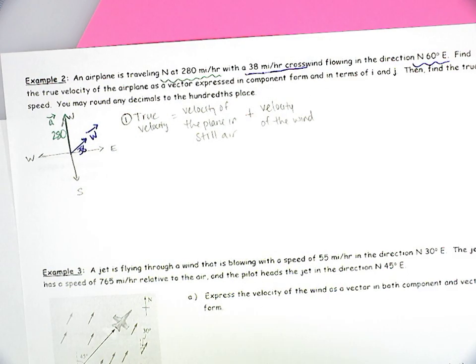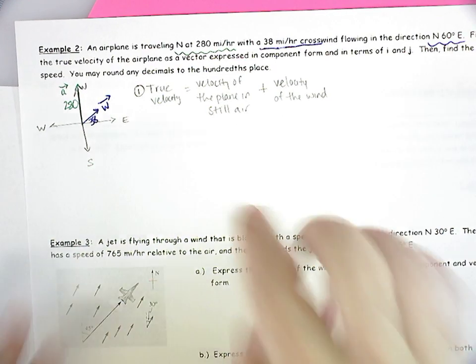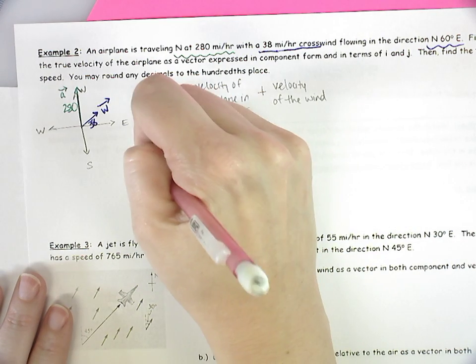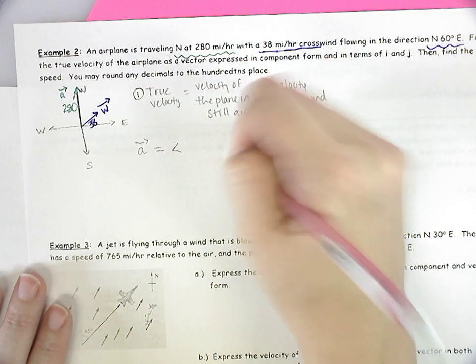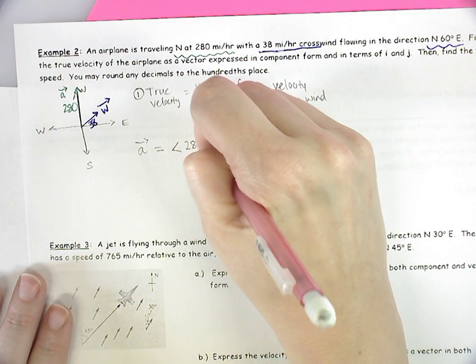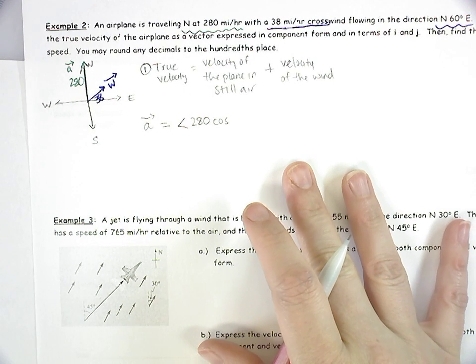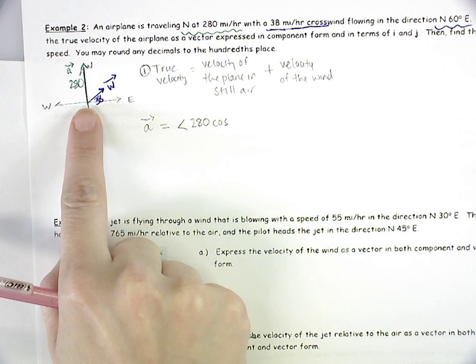To find that, I'm going to have to find the vector for each one. So first I'll start with the velocity of the plane. For the airplane, to find the horizontal component, I need the magnitude times the cosine of theta. Tate, what is going to be our theta value for my airplane?